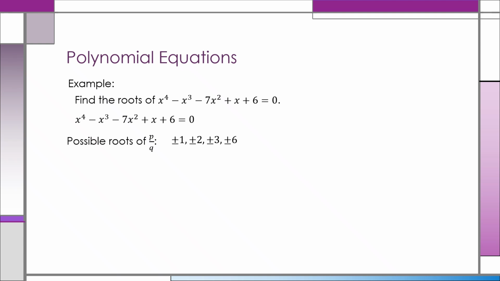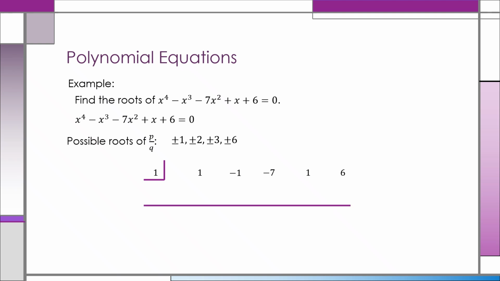So the first step for the synthetic division is to list down all the coefficients and constant of the given polynomial equation. So this will become 1, negative 1, negative 7, 1, and 6. Then there will be a small window somewhere there. So again, the tip here first is to get first the smallest possible root. Okay, so let's have first positive 1.